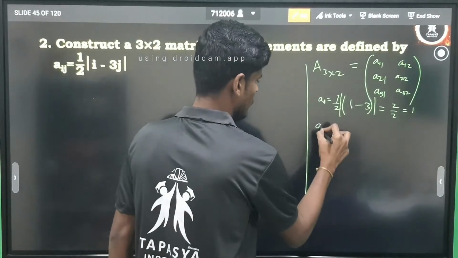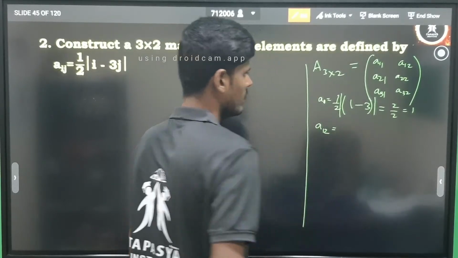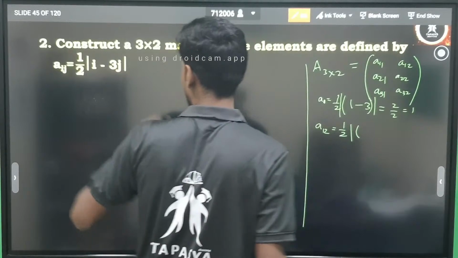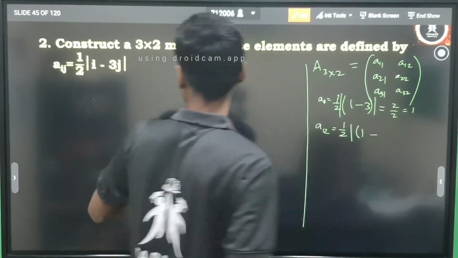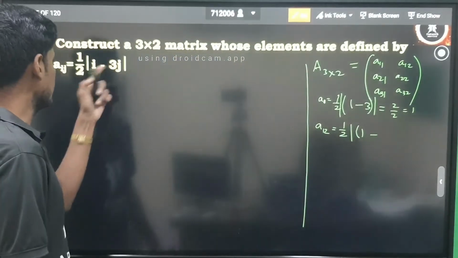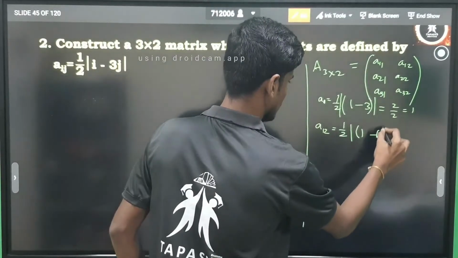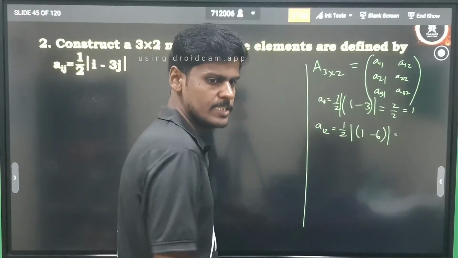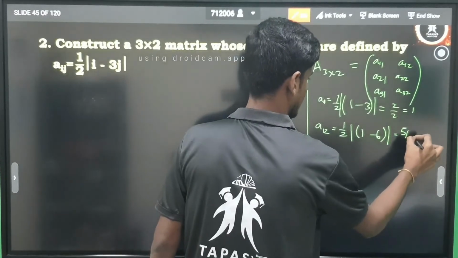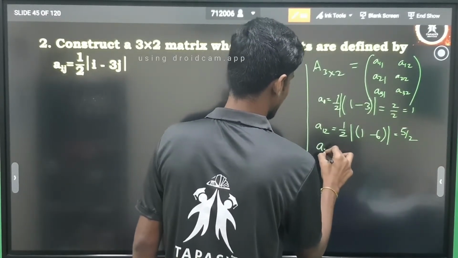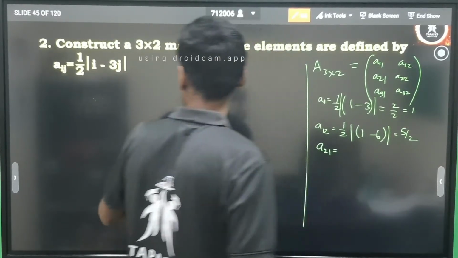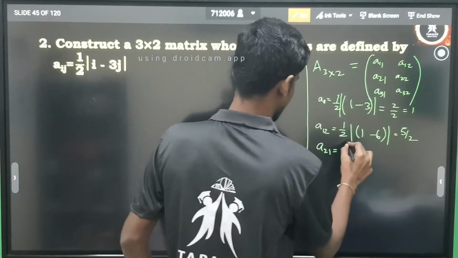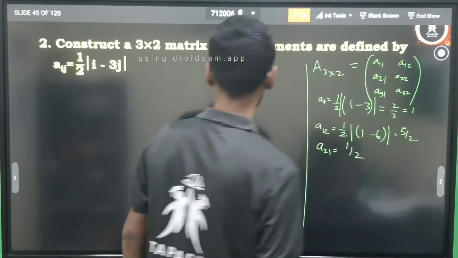Next a12. a12 is half of the modulus of i is 1, j is 2. So 3 into 2 is 6. This is nothing but mod of minus 5, which is 5. So the answer is 5 by 2. Next, a21: i is 2, j is 1, so 2 minus 3, that is 1 by 2.